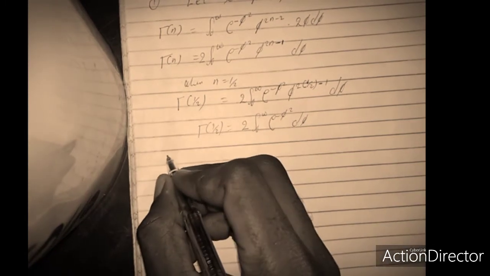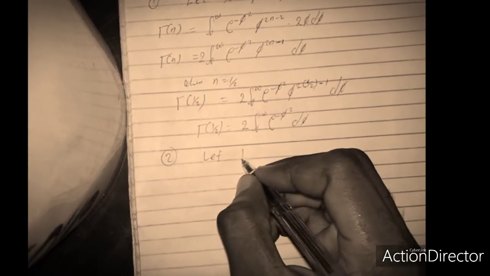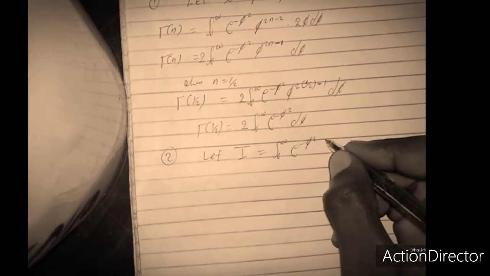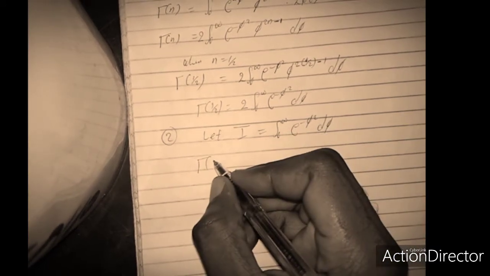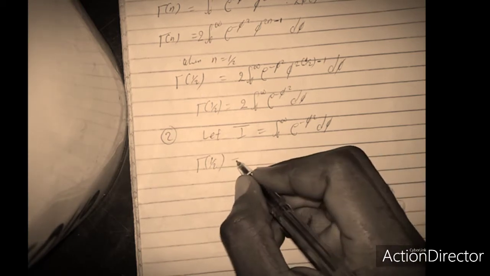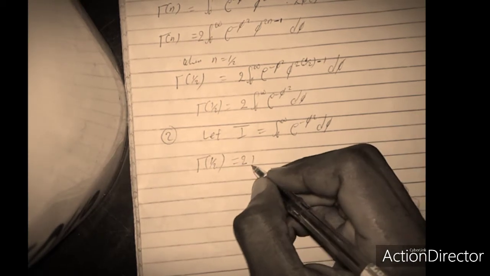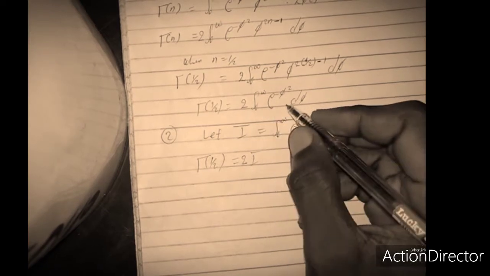So now the second step, step 2, we let I be equal to the integral from 0 to infinity of e to the minus phi squared d phi, so that I can write that gamma half equals 2I, because my I is this.